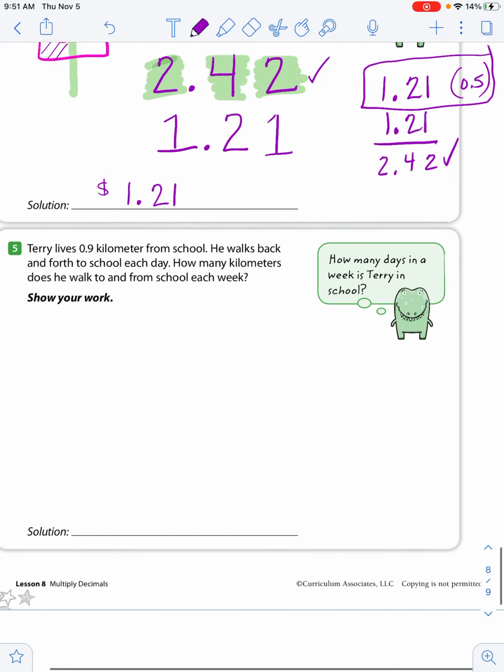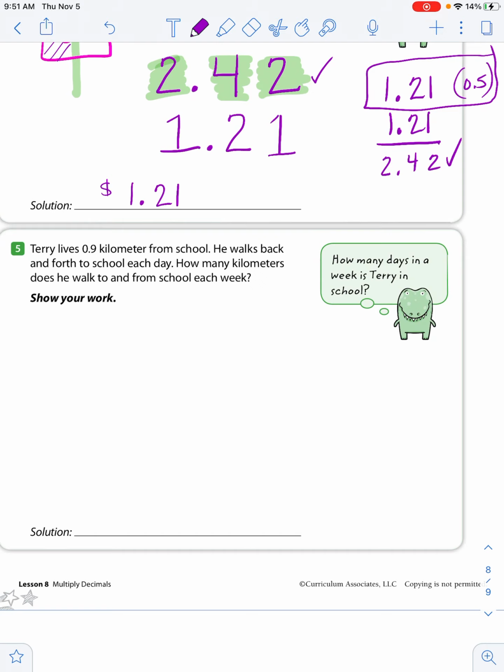And number 5. Terry lives 9/10 kilometers from school. Oh, let me think about this for a minute. His house, school, 9/10. All right. He walks back and forth to school each day. So each day he leaves his house, he goes to school, and then after school he comes home.